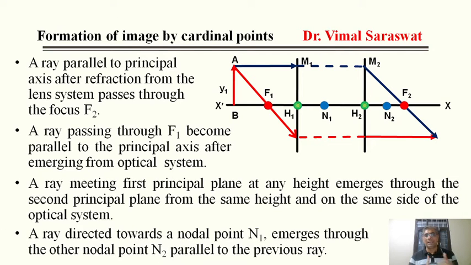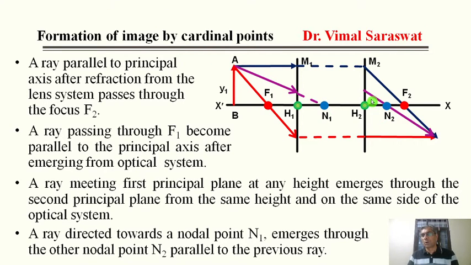A ray directed towards a nodal point N1 emerges through the other nodal point N2 parallel to the previous ray. So this is a ray which is incident towards the first nodal point N1. After refraction from the lens system, it will pass through the nodal point N2, and this ray will be parallel to this one.